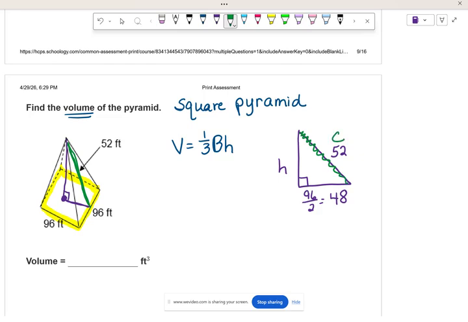So we're just going to do C squared equals A squared plus B squared. 52 squared equals H squared plus 48 squared. Turn this into an X to type it in Desmos and go get your answer.